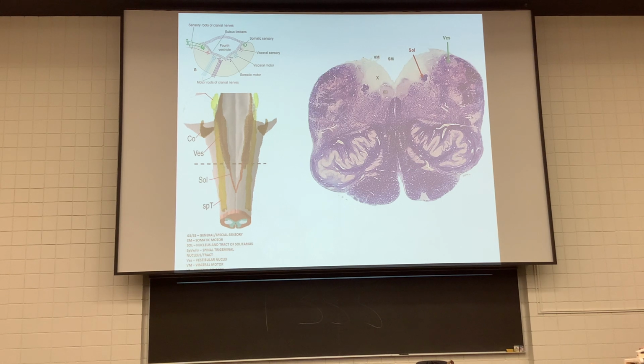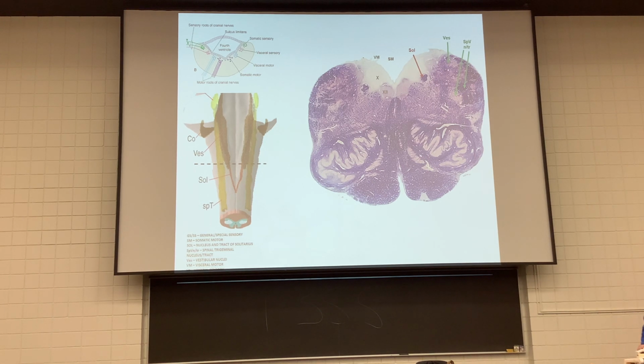And the other one that we should see there, even a little bit more lateral, or at least in the same general area, depending on where we are, would be the spinal nucleus of 5. That's this cluster of cells. Very lateral. There's the nucleus, and this is called the spinal tract of 5.